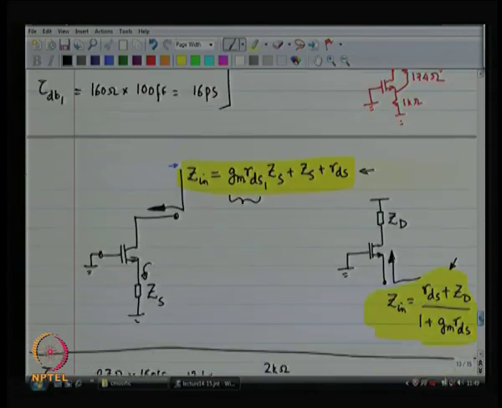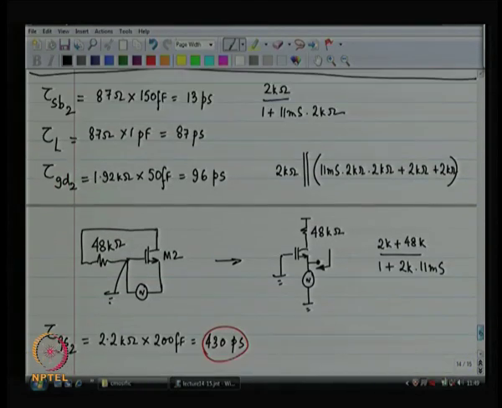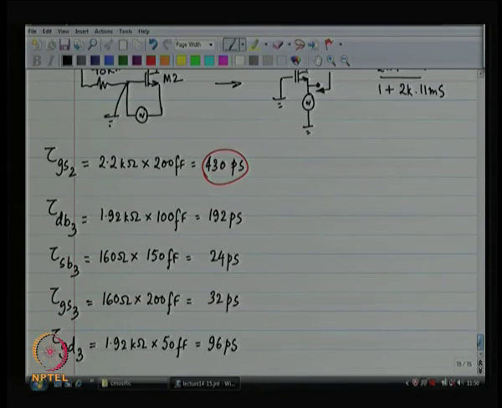Then what else have I got? I have got 13 picoseconds from source to body of device number 2, 87 picoseconds from the load. I have got 96 picoseconds from gate to drain of device number 2. I have got 430 picoseconds from gate to source of device number 2.